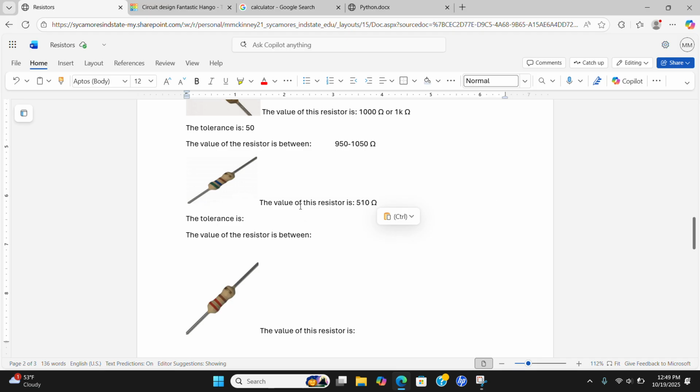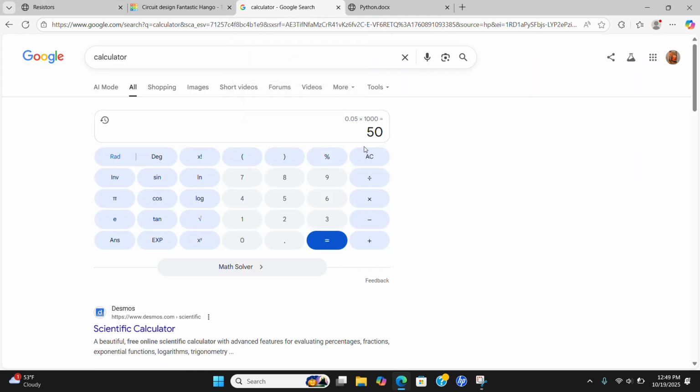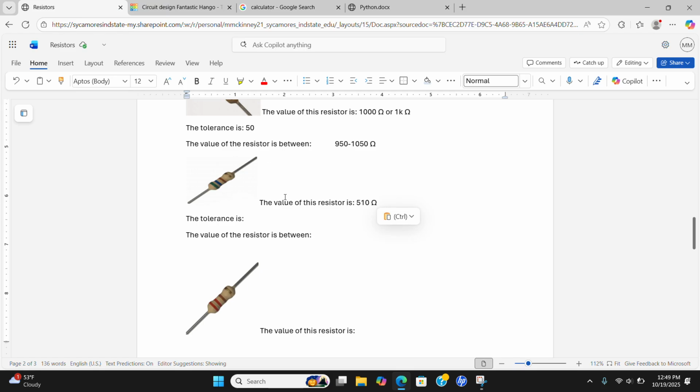So what is the tolerance? Well, we're going to take 5% of 510 ohms, since 5% is associated with gold and the fourth band is gold. So we have 510 times 5%. So the tolerance is 25.5.